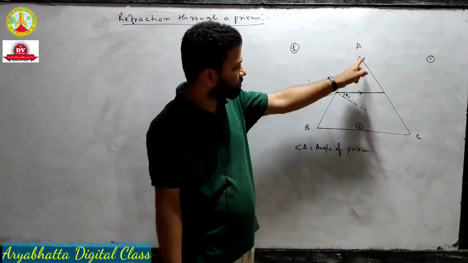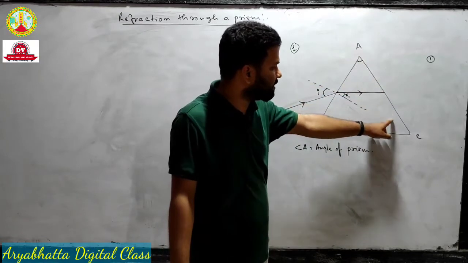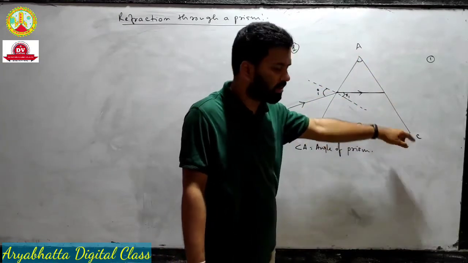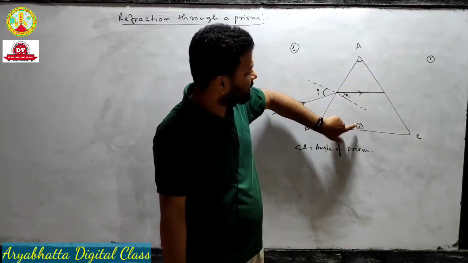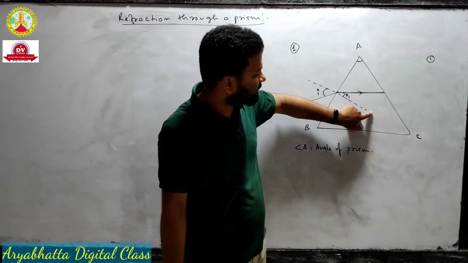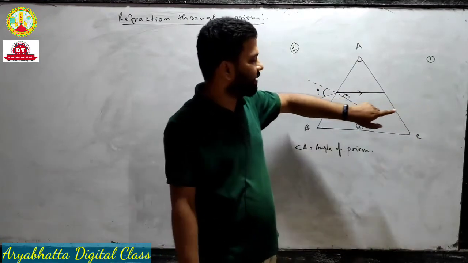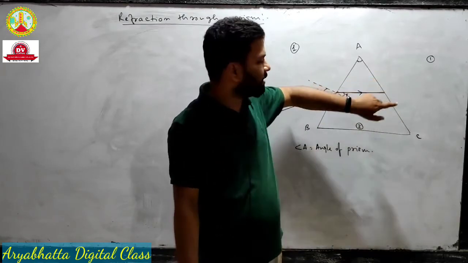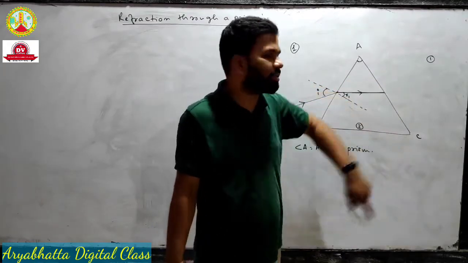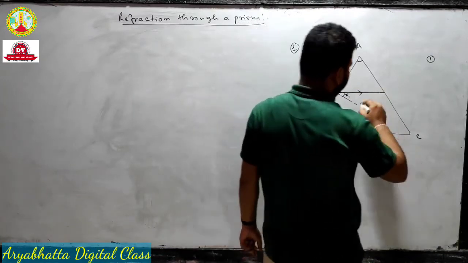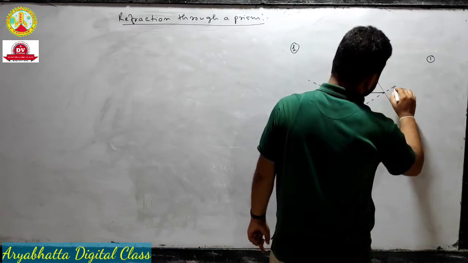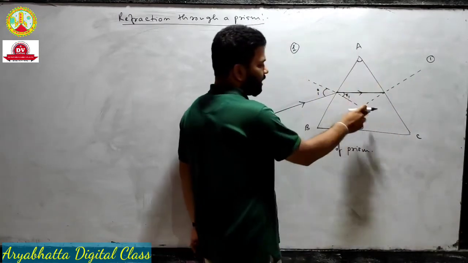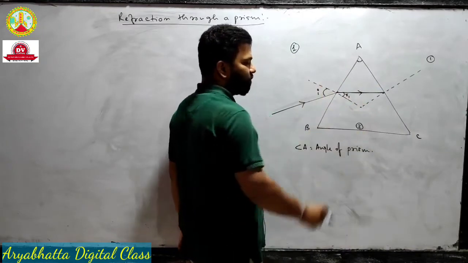Now look, this is another surface. At this surface, the light ray will move from denser medium to rarer medium, that is from glass to air, from the prism to the outside. So let us draw one more normal at this position. These dotted lines are nothing but the normals.